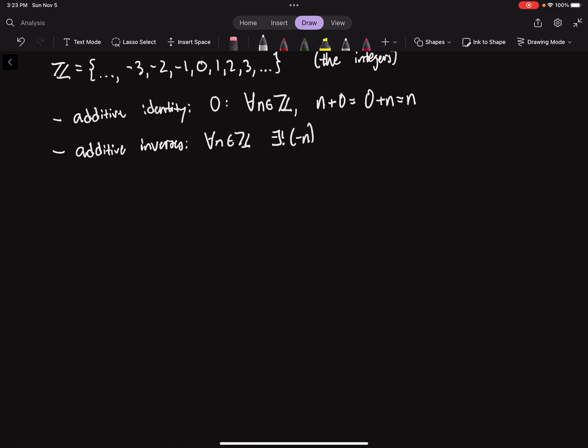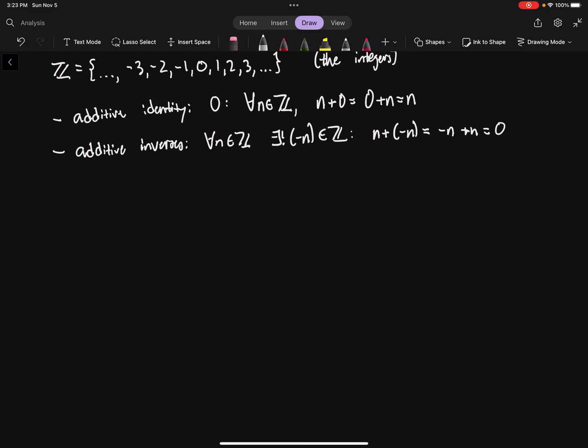We denote it minus n. And it has the property that n plus minus n equals minus n plus n equals 0. So if you add a number to its inverse, you get the identity. Okay? And so that's pretty interesting.